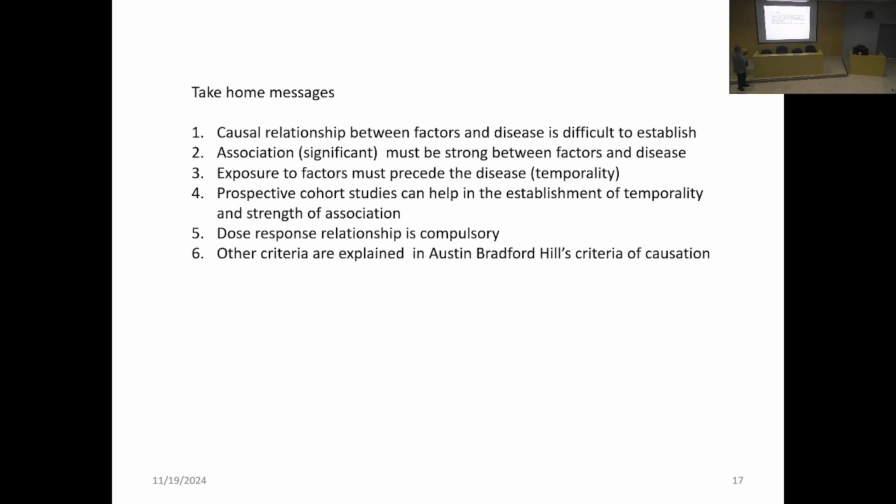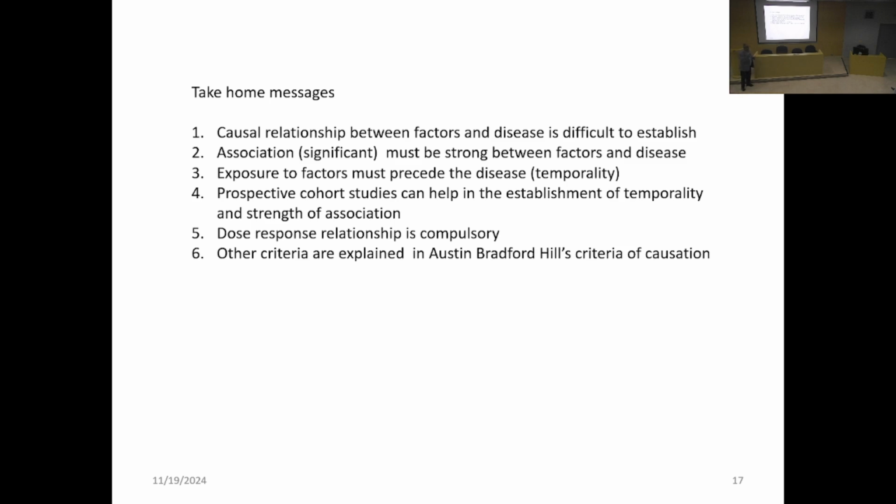A significant association must be strong between causal factors and disease. If you have a very strong relationship, most likely there is a causal association, but it's not enough. Exposure to the factor must precede the disease, and this is an important condition for causal relationships. Prospective cohort studies are needed to establish temporality, as well as the strength of the association.